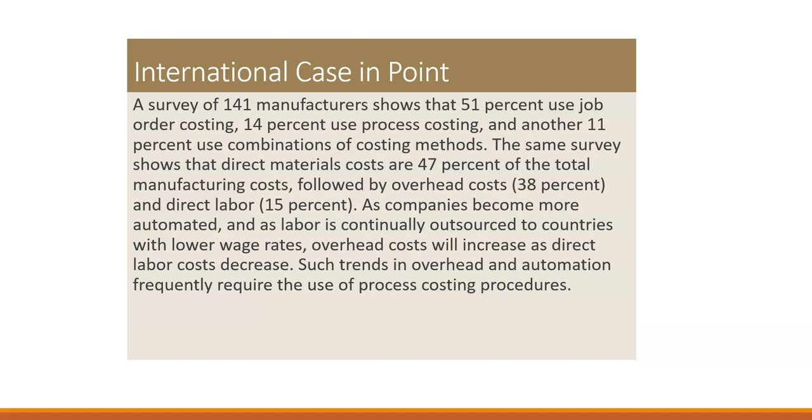The same survey shows that direct materials costs are 47% of total costs, followed by overhead costs and direct labor. However, as companies become more automated and we use more robotic manufacturing, the overhead costs continue to increase as direct labor costs decrease. The more automated that we create our process and our manufacturing, the more likely we are going to use process costing.